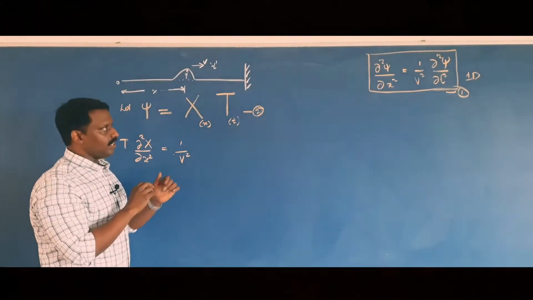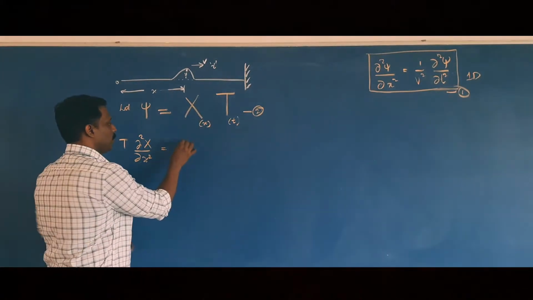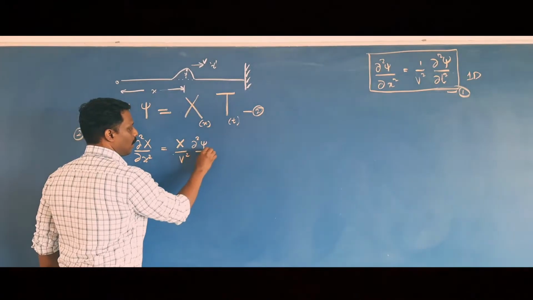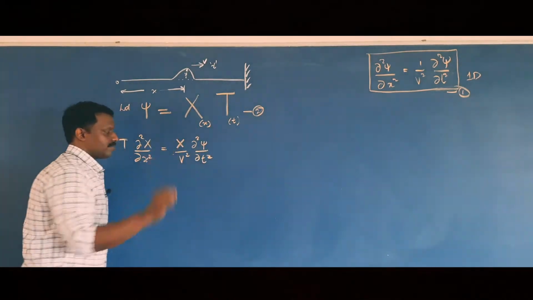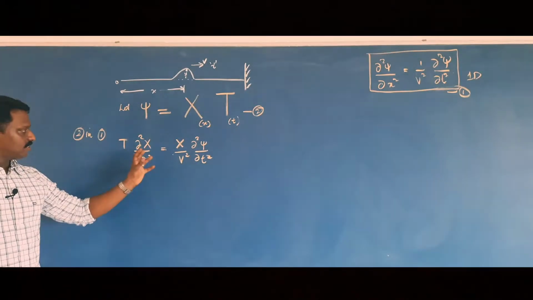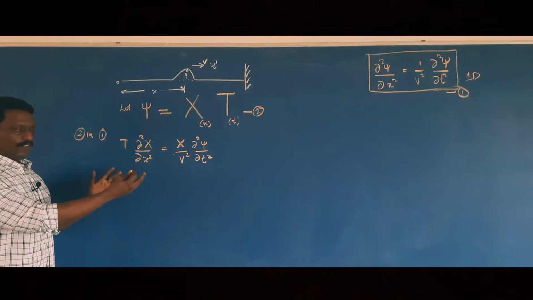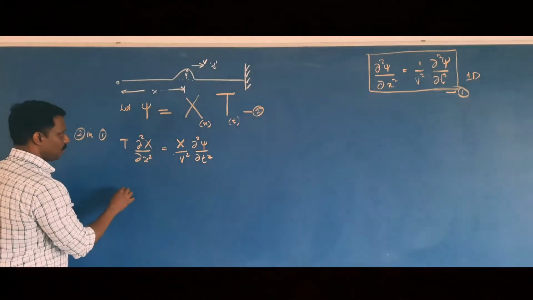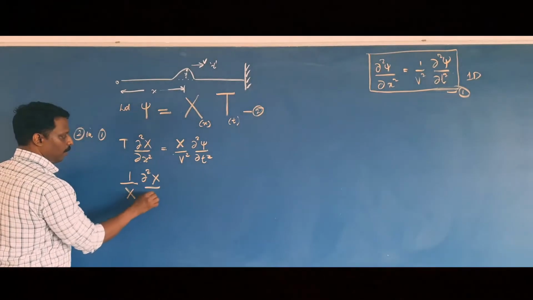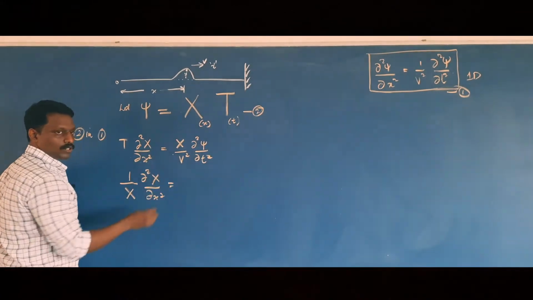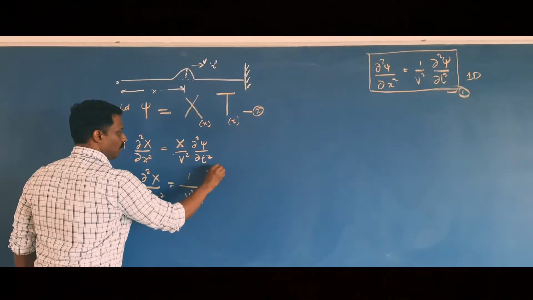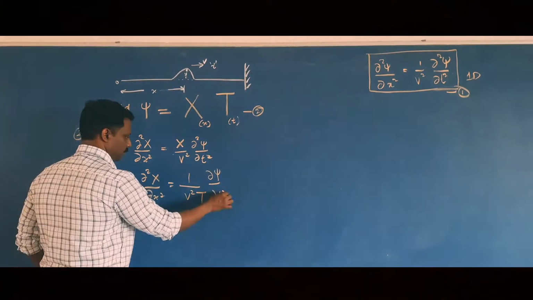With respect to t, X is a constant term here, so X is taken out of the derivative, giving ∂²ξ/∂t². Now we will rearrange so that the variables and constants are on one side. So (1/X) ∂²X/∂x² = (1/(v²T)) ∂²T/∂t².